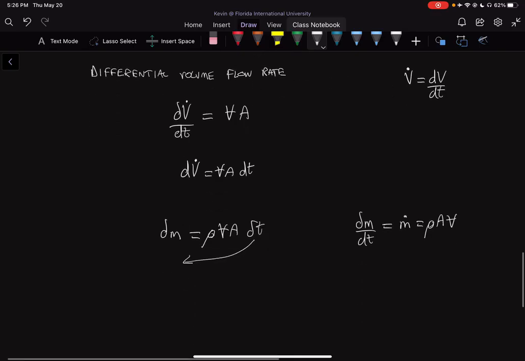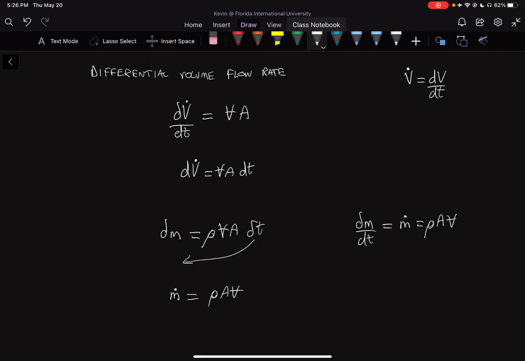Now that we have this system, we can say that for mass flow rate in pipe flow or any flow that is simple 1D flow, mass flow rate is equal to rho A V. It's a governing equation that we can use. Now, in thermodynamics, we don't really like using density too much.